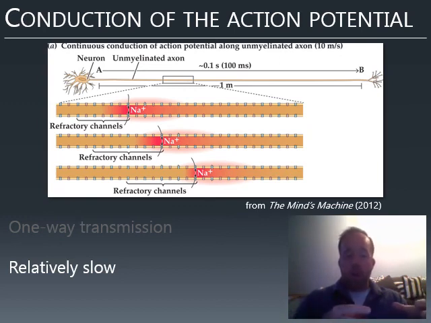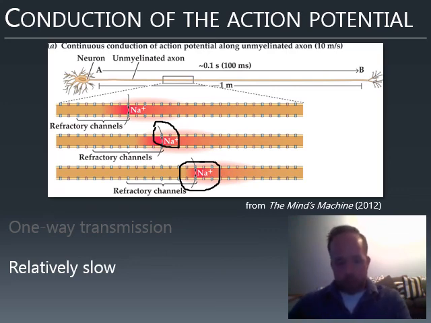It's going to depolarize all the sodium channels nearby and open them up. Sodium is going to flow in there, and of course that's going to depolarize the next section. So the positive charge will propagate down that way, opening sodium channels, and more positive charge flows in, and so it just keeps on going down the axon because the positive charge flowing in at one location opens the sodium channels at the next location. So that's how an action potential moves down the axon.